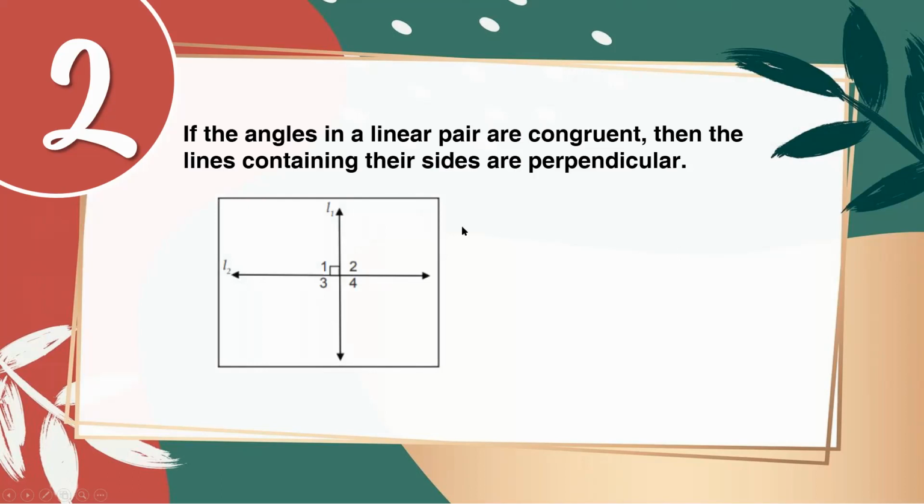Okay, this illustration, the L1 and the L2. They are congruent. Then the lines containing their sides are perpendicular.